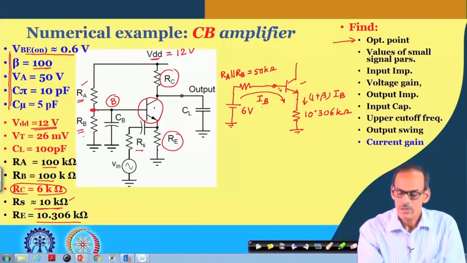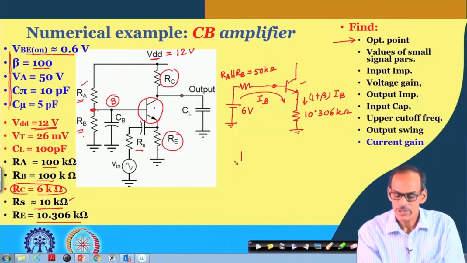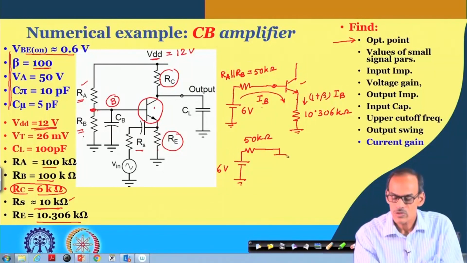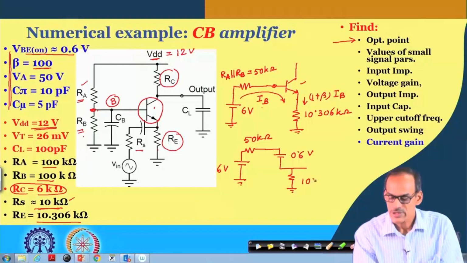So, if I redraw this circuit considering the base to emitter voltage, then we have a 6 volt Thevenin equivalent voltage source, 50 kilo ohm resistance coming from R A and R B in parallel, and then a drop of 0.6 volt base to emitter, and then the current flowing through R E, which is 10.306 kilo ohm.